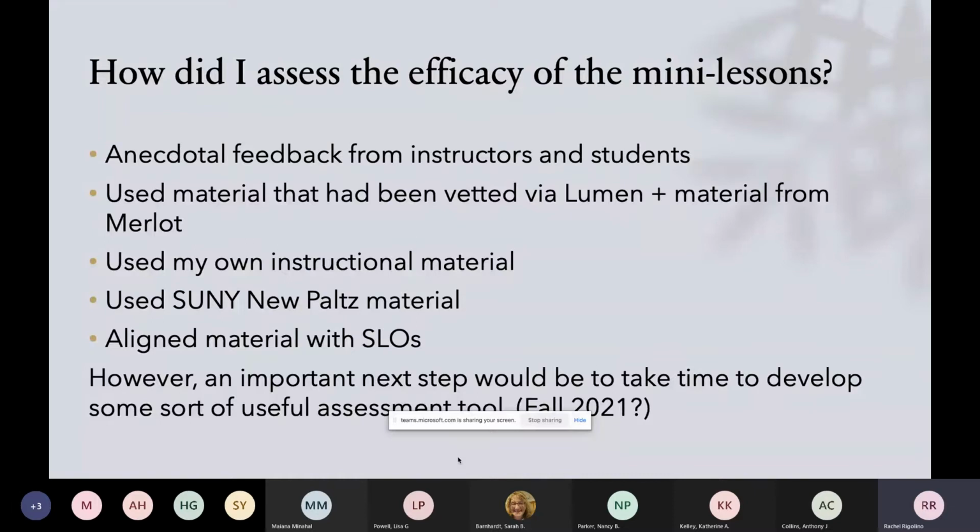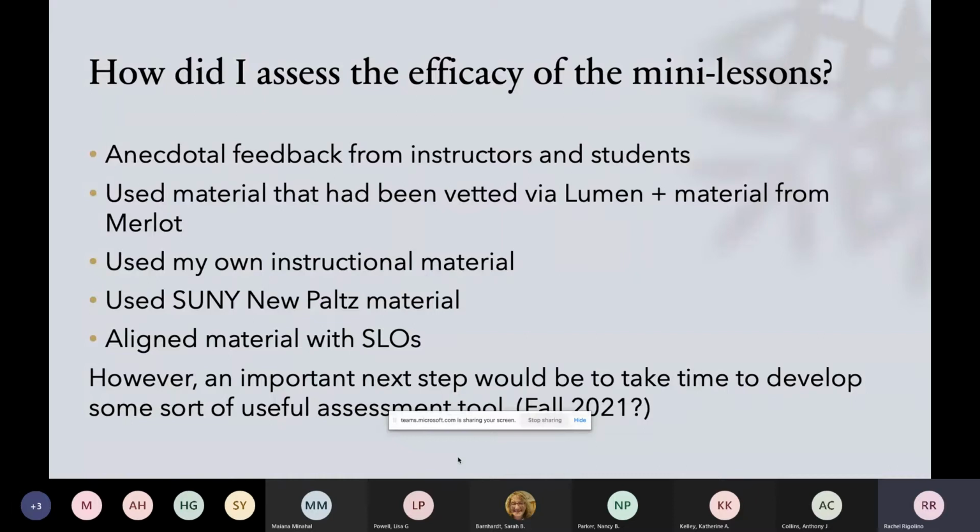Anecdotal feedback was extremely positive from both instructors and students. But keep in mind, I'm using material that had been vetted by Lumen and material from Merlot, some really first-rate stuff. I was bringing in my own material that I've used for a long time, stuff the composition program had.